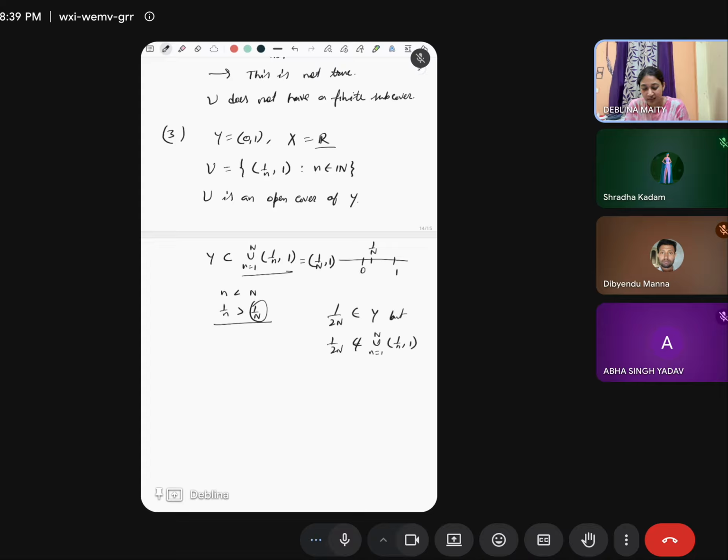So this finite subcover does not cover the whole of Y. So U does not have a finite subcover. So (0, 1) is not compact.